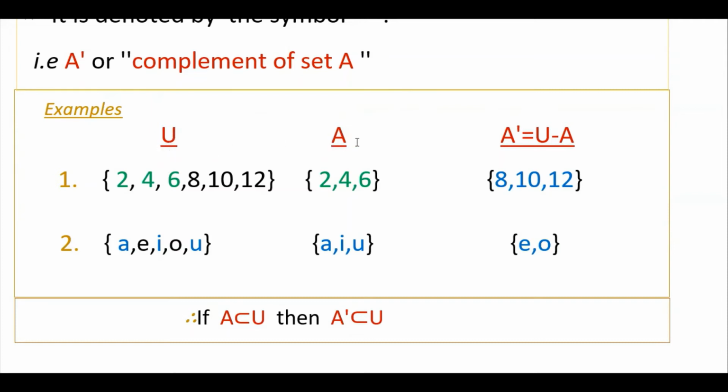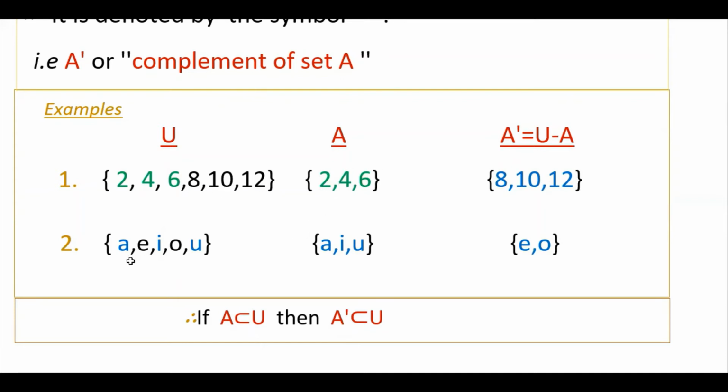So here U minus A means we have to write only the elements of the universal set and we have to exclude the elements of the set A. So if you exclude the elements of the set A, those are 2, 4, 6, and here the complement of set A is equal to 8, 10, 12. These are the elements of the universal set which do not contain the elements of the set A.